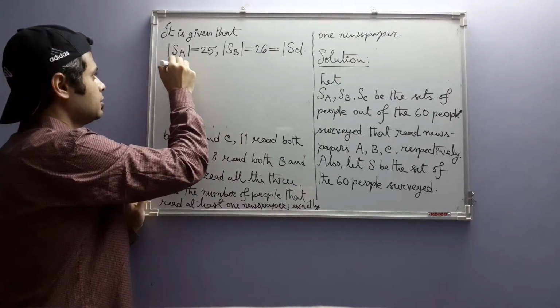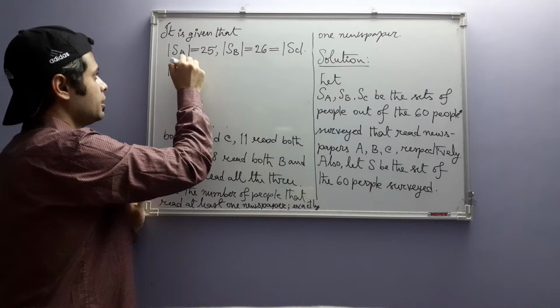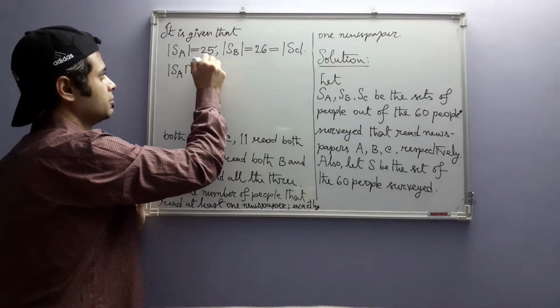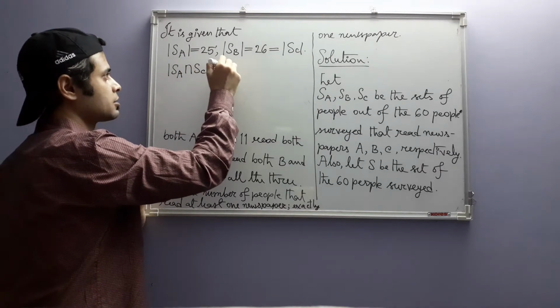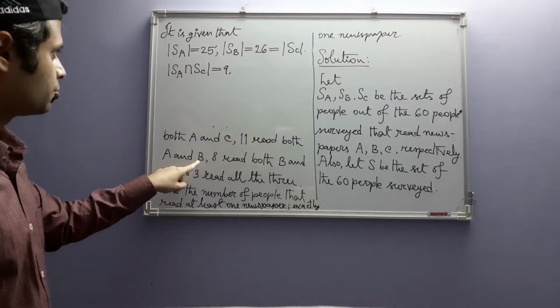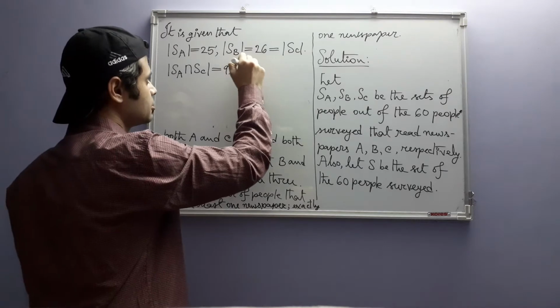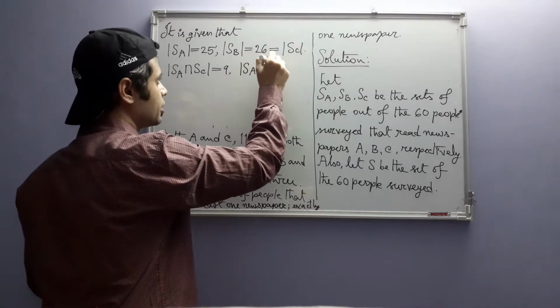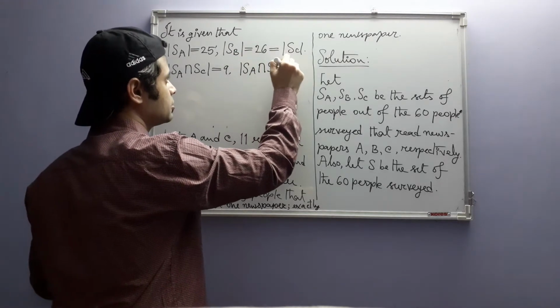So that's why the cardinality of SA intersection SC is given to us and it is 9. 11 people read both A and B. So that means SA intersection SB is 11.